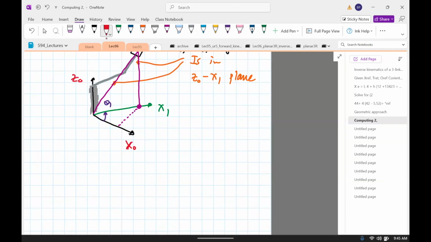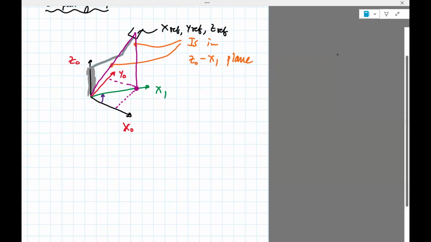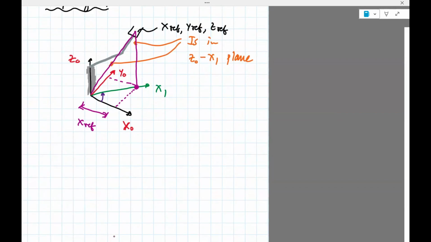And I need to show y0, otherwise this will be hard to visualize. Okay, so this distance is x ref, and this distance is y ref.